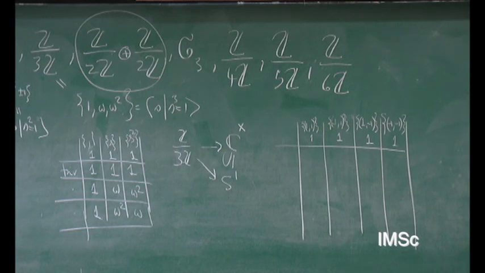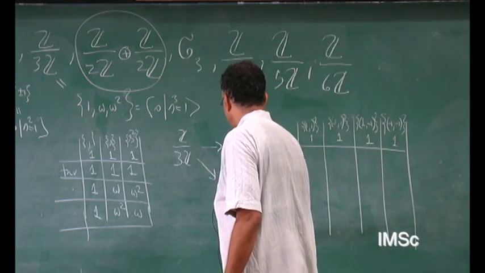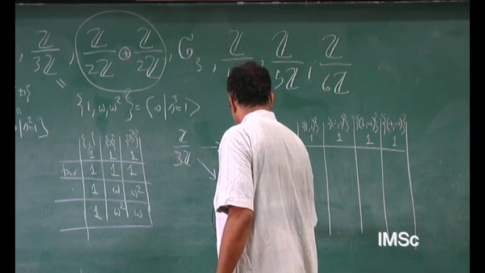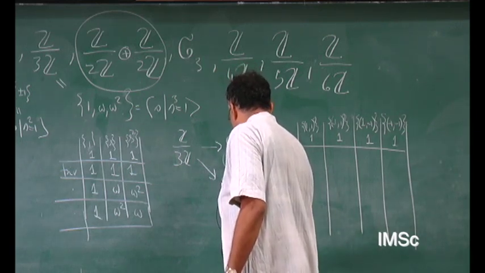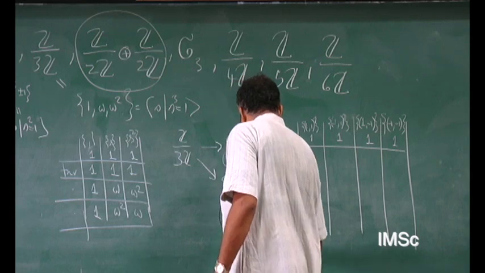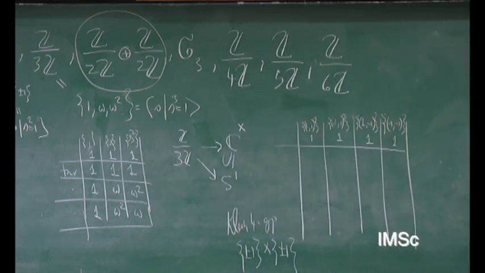I am just thinking of this as a Klein 4 group, as plus minus 1 cross plus minus 1. It's a Cartesian product of two groups.